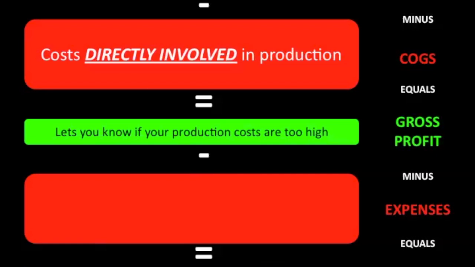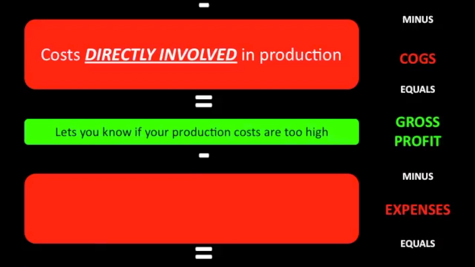If your sales minus your cost of goods sold, right? If the stock that you ended up selling or the ingredients that you used, if you're a restaurant or something, if they've cost you so much that your gross profit is negative or not very high, it lets you know straight away, hey, it's not the electricity bill, it's not the advertising costs, it's the actual production costs themselves. So we need to work on those.